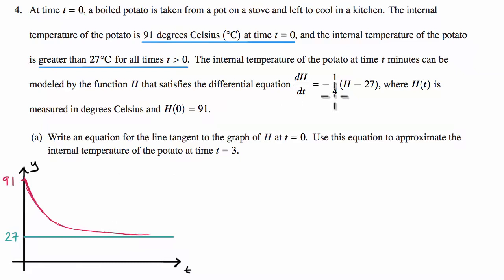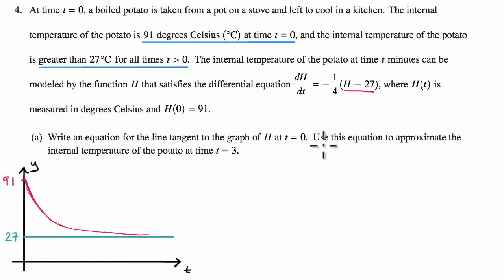So this is what you would expect to see. And this differential equation is consistent with that, where the rate of change, notice this is for all t greater than 0, is going to be a negative value because our potato is greater than 27 for t greater than 0. So this part here is going to be positive. But then you multiply positive times -1/4, you're constantly going to have a negative rate of change, which makes sense. The potato is cooling down.